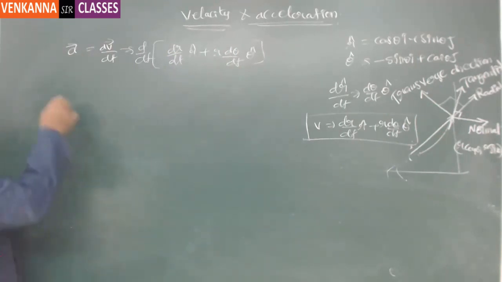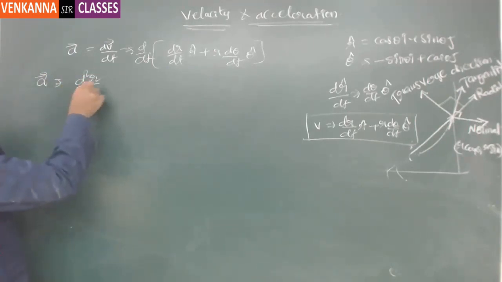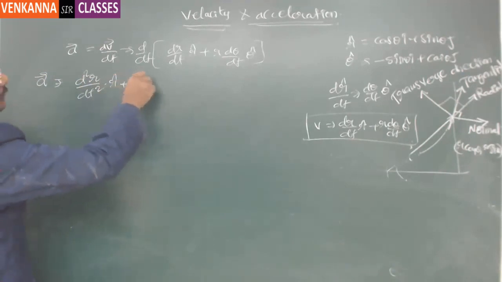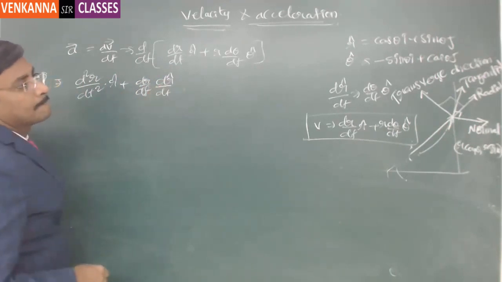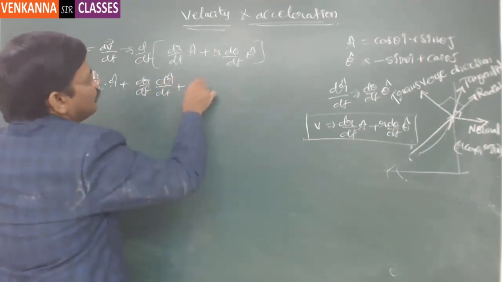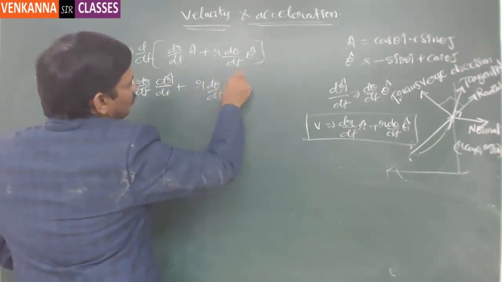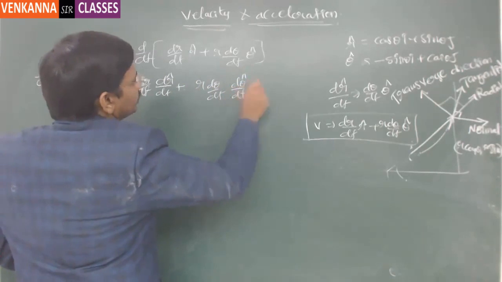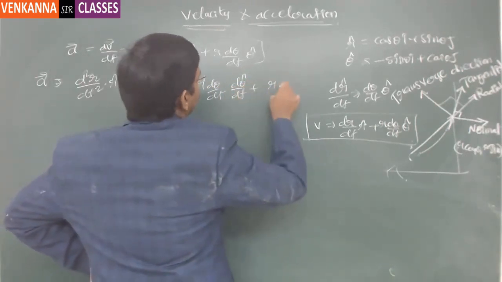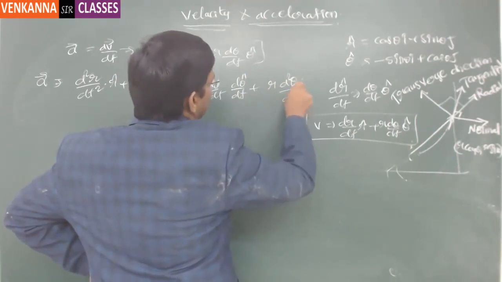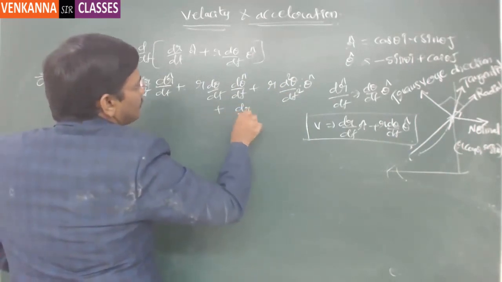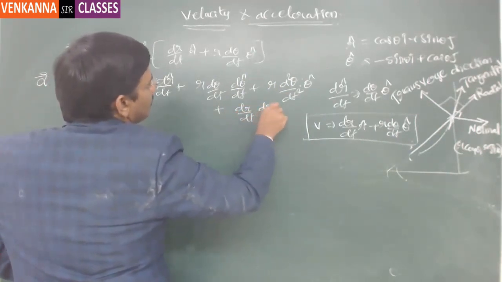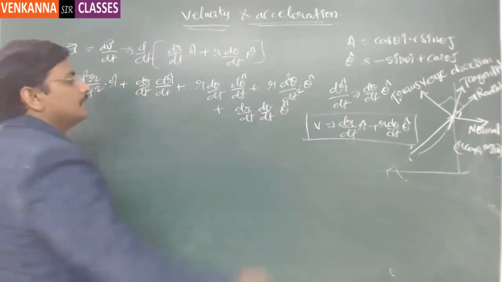Now, if you take the derivative with respect to time, a is equal to d square r by dt square into r cap plus dr by dt into dr cap by dt plus r d theta by dt into d theta cap by dt plus r into d square theta by dt square into theta cap plus dr by dt into d theta by dt into theta cap. So this is the derivative.